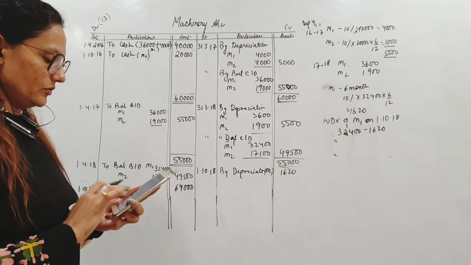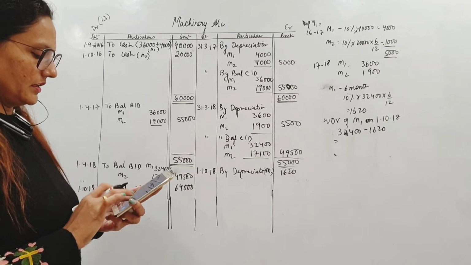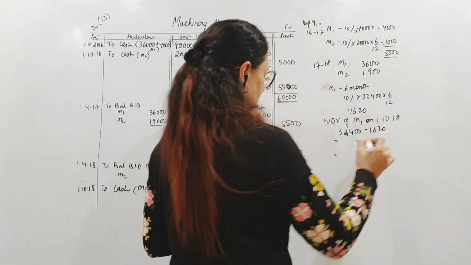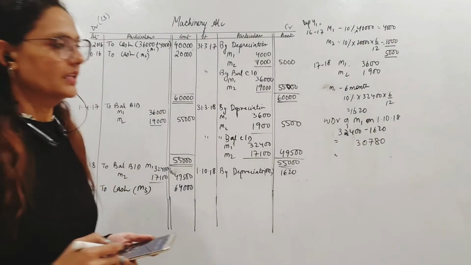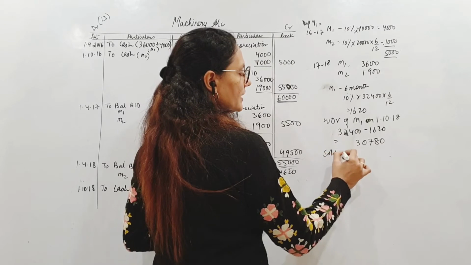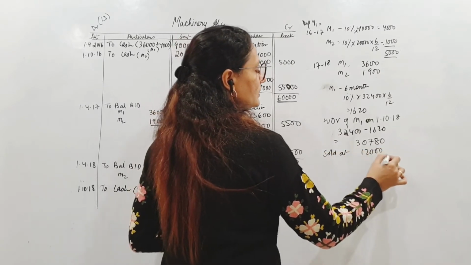Right? So 32,400 minus 1620. The written down value is 30,780.